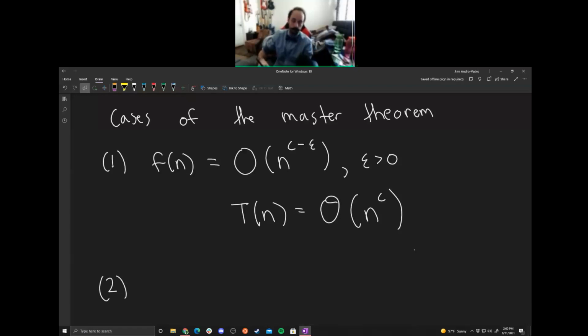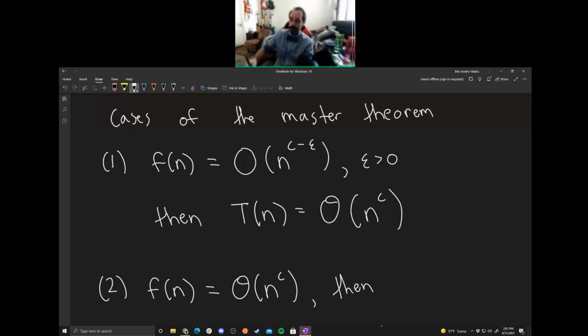So case 2, which is the simplest one to look at. f of n equals theta of n to the power c. If that's correct, well, then the result will be this.